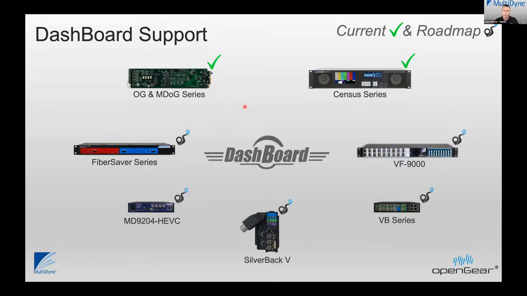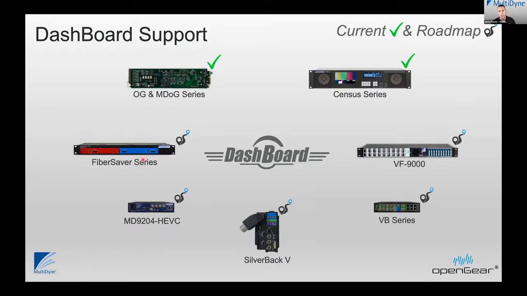The ability to see all of your 12G and 3G audio signals and their presence, and then get some indications if something's wrong, is very important. So bringing dashboard to these types of products, including the VB series, which is involved with bulk bidirectional transport of very important signals in a lot of cases, is valuable. Also Silverback or camera adapter, and the new HEVC encoder and decoder, which will be an openGear card as well and will of course have native support.